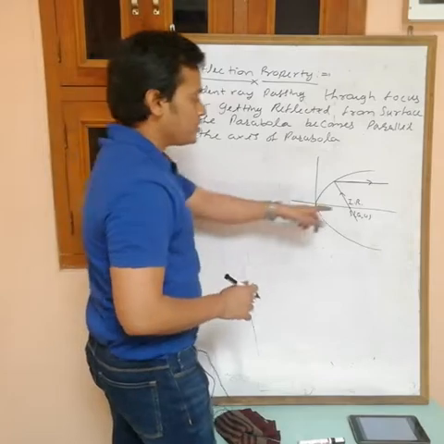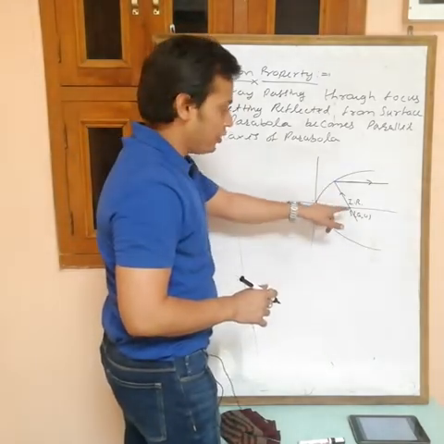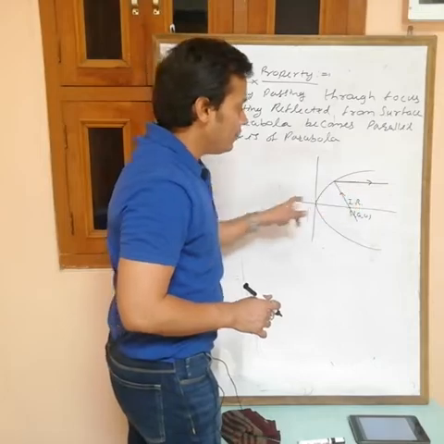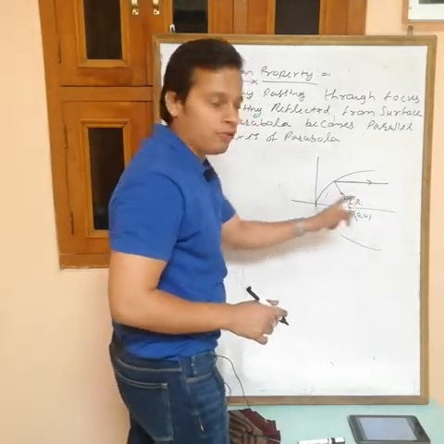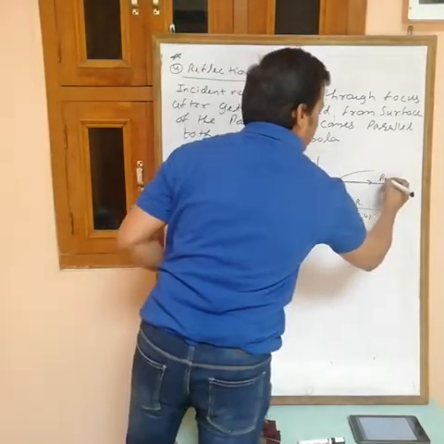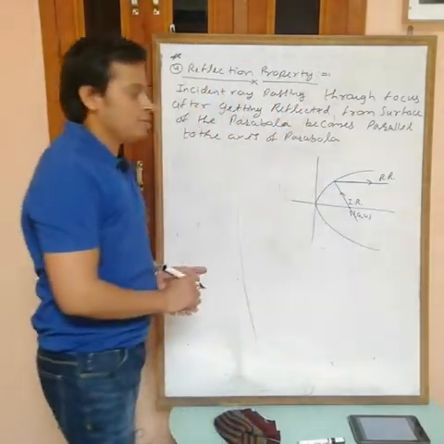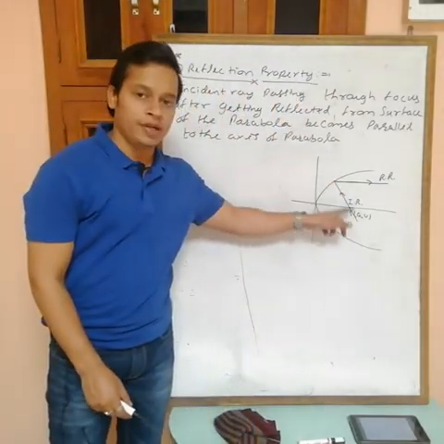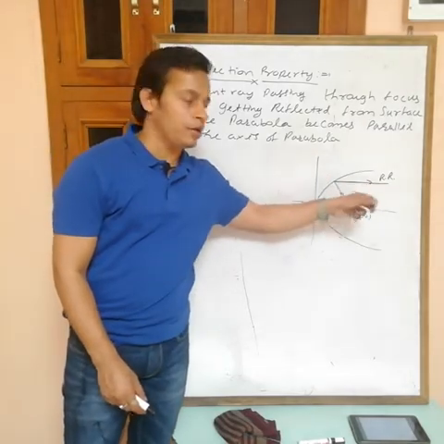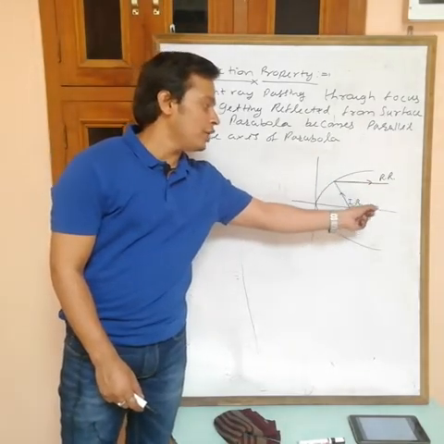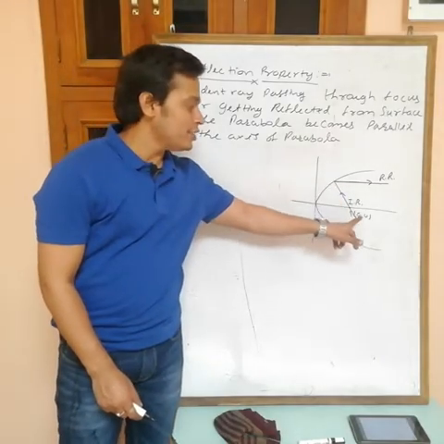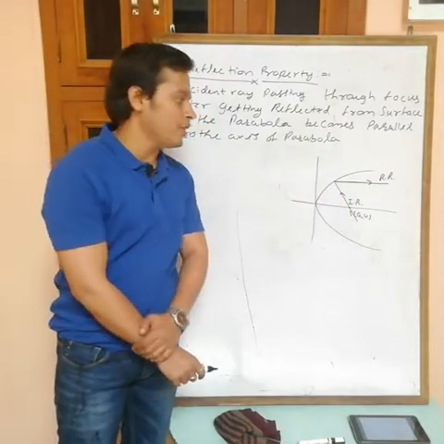If this is the incident ray, then the reflected ray becomes parallel to the axis of the parabola. This one is the reflected ray. This is the reflection property. It means the reflected ray is parallel to the x axis. This is the property when the incident ray is passing through the focus (a, 0).